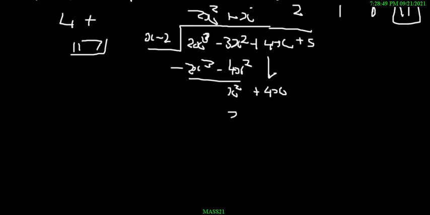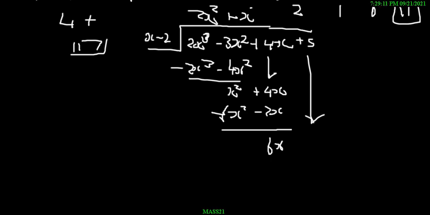X times x, that's x squared. X times negative 2, that's negative 2x. And we subtract, it's going to be 6x. The 5 comes down.